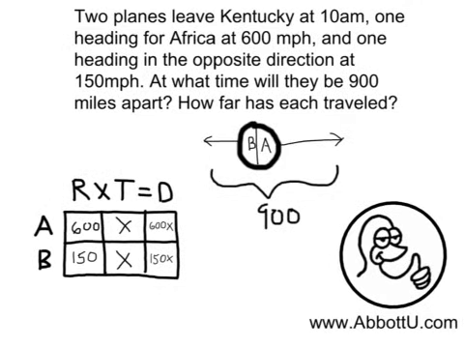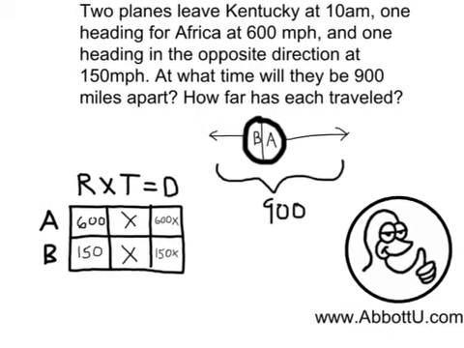We know that this represents the distance traveled by plane A, and this represents the distance traveled by plane B. We're dealing with planes. And we know that this distance plus this distance equals 900, so we could use that information. That's why this diagram is really helpful. You can visualize exactly what's going on.